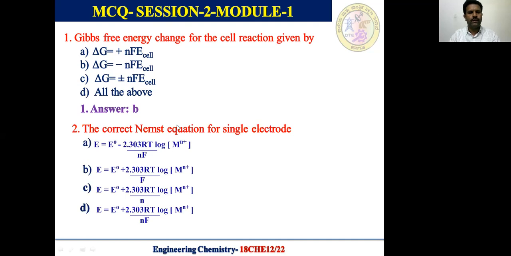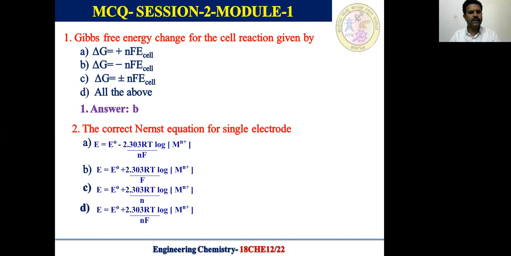Question number 2, the correct Nernst equation for single electrode. Option A, E is equal to E naught minus 2.303 RT divided by nF log concentration of Mn plus. Option B, E is equal to E naught plus 2.303 RT divided by F log Mn plus. Option C, E is equal to E naught plus 2.303 RT by n log Mn plus.